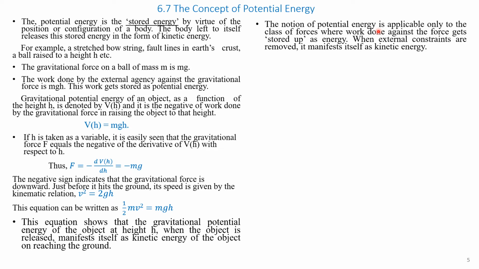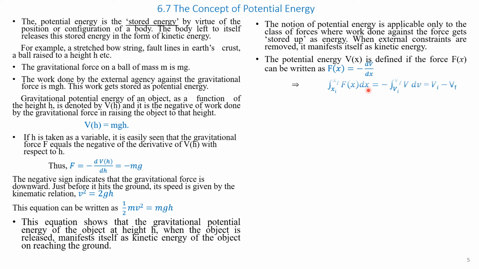Mathematically, for simplicity in one dimension, the potential energy V of x is defined if the force Fx can be written as Fx is equal to minus dV by dx, which implies the integral from xi to xf of Fx dx is equal to minus the integral from Vi to Vf of dV, that is Vi minus Vf.